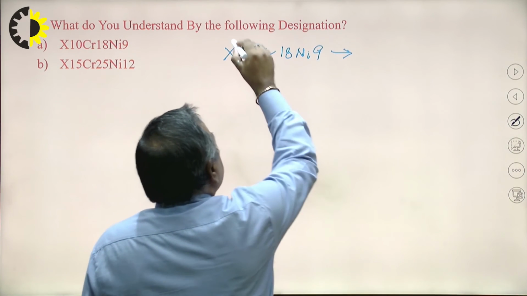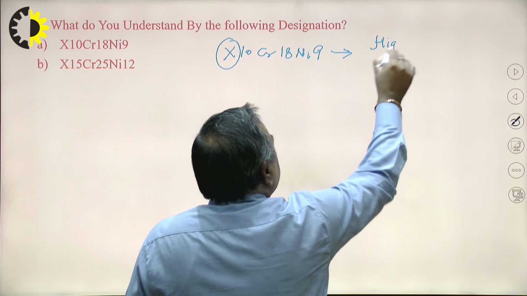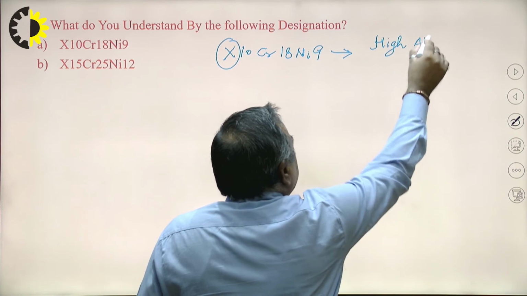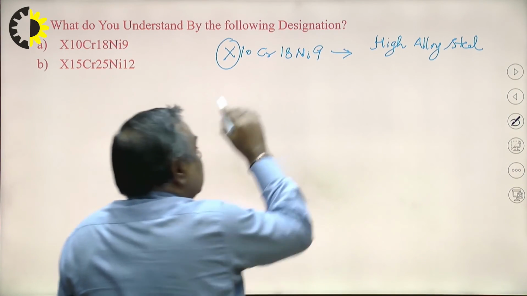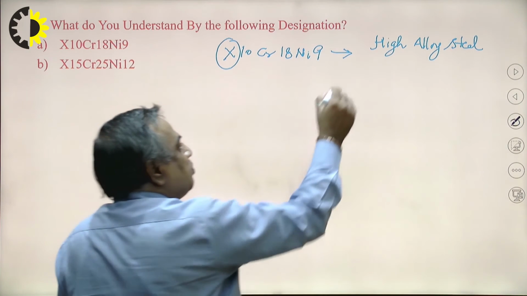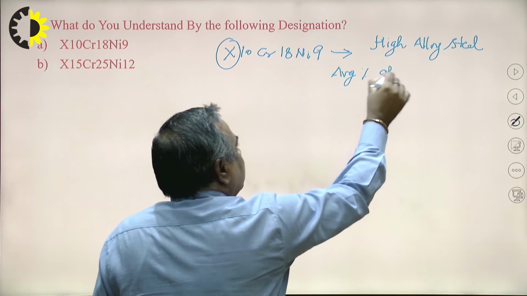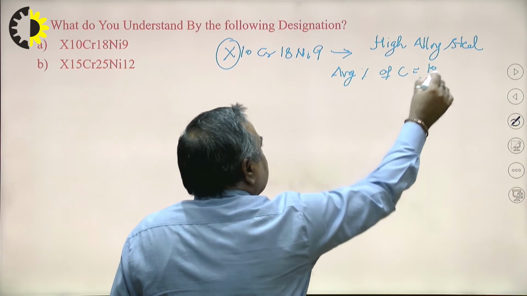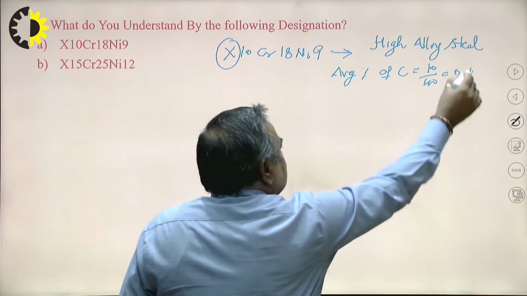This X indicates that this is high alloy steel. Now what is the carbon percentage? The average percentage of carbon is 10 by 100, which is 0.1%.